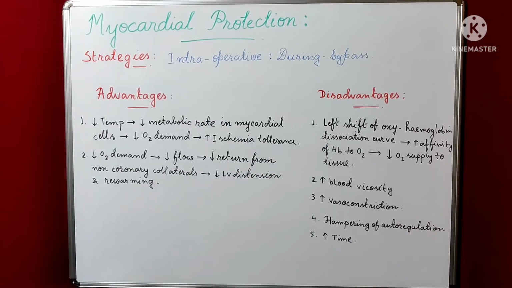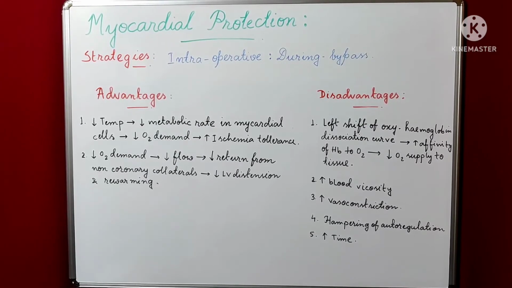So the ischemic tolerance of myocardial cells will be increased because the demand is reduced. So if there is reduced supply, then it can withstand that reduced supply. So this is how hypothermia affects myocardium in a protective way.